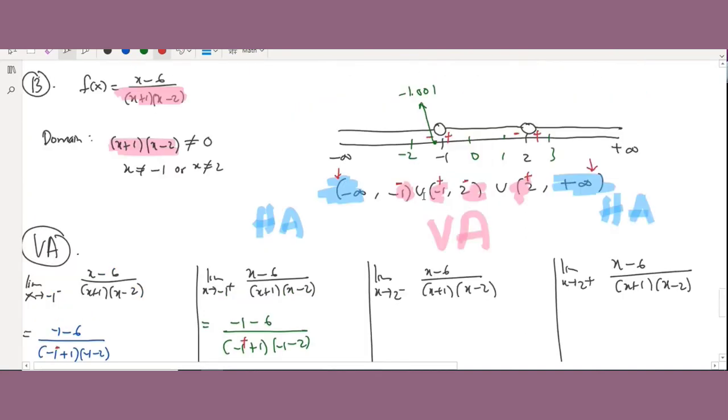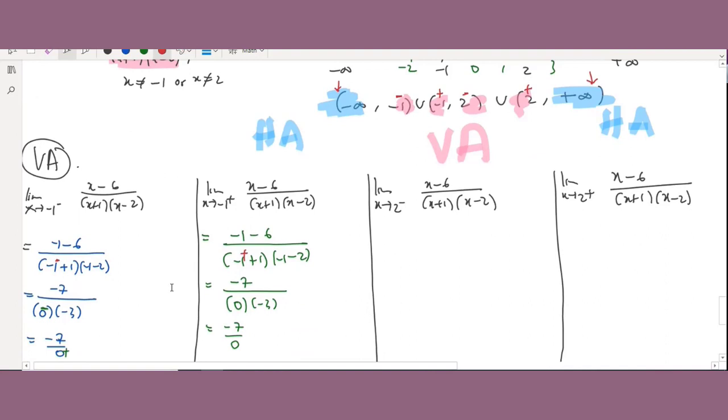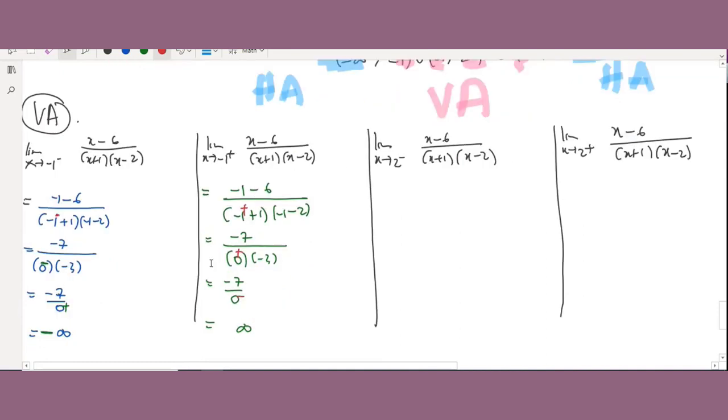Negative 1 from the right, so negative 0.999, which is less than 1. Okay, this one is less than 1 plus 1, so it's just positive. 0 to the right, so positive times negative is negative. So negative 7 over negative, so positive.